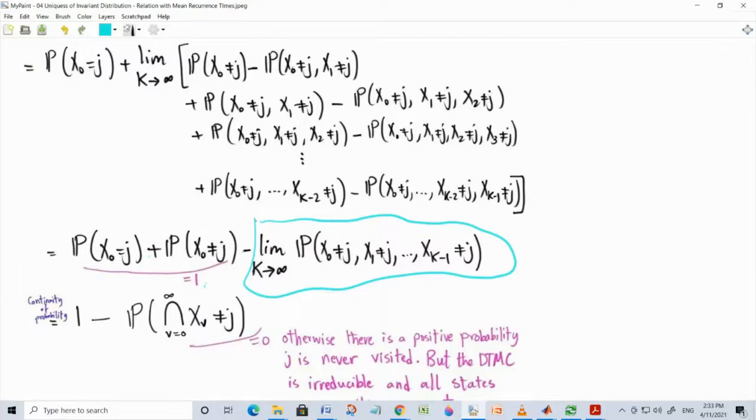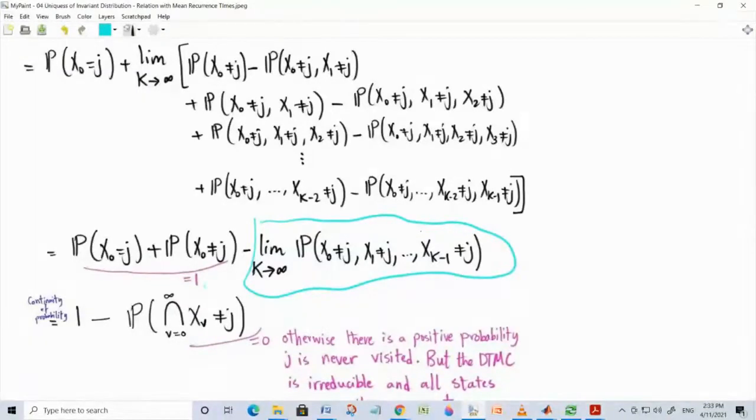So if you put a k here equal to a trillion, or a trillion to the power trillion, you basically have that at all those time instants j is not visited. But this does not make sense because we are talking about an irreducible discrete time Markov chain with positive recurrent states.